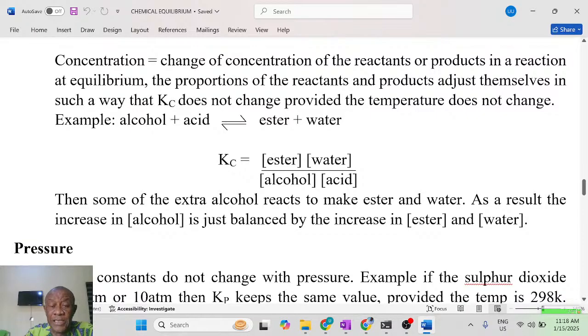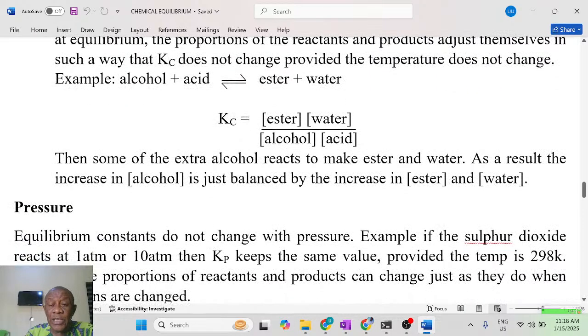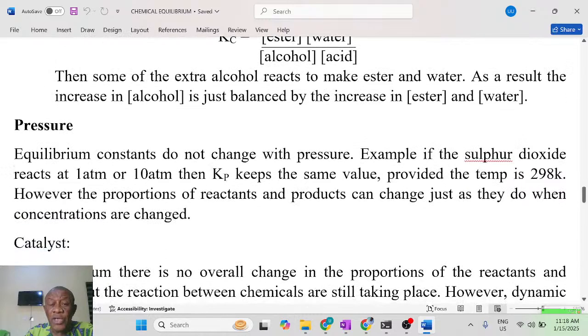Kc is equal to ester times water divided by alcohol times acid. Some of the extra alcohol reacts to make ester and water, so the increase in alcohol is just balanced by the increase in ester and water.